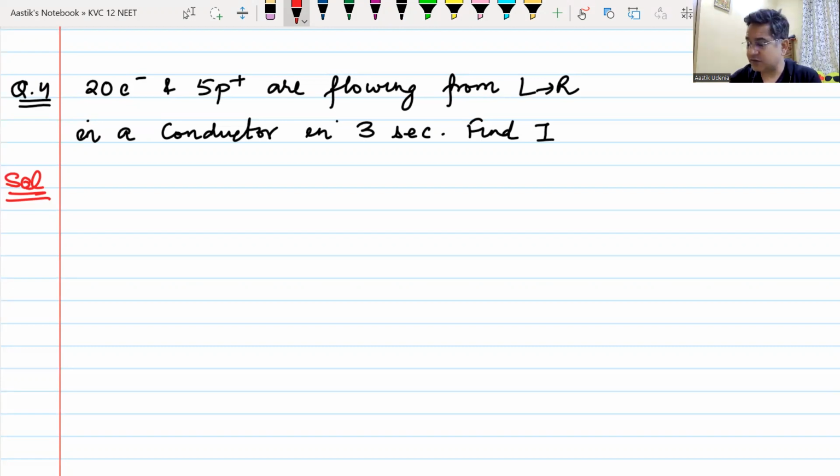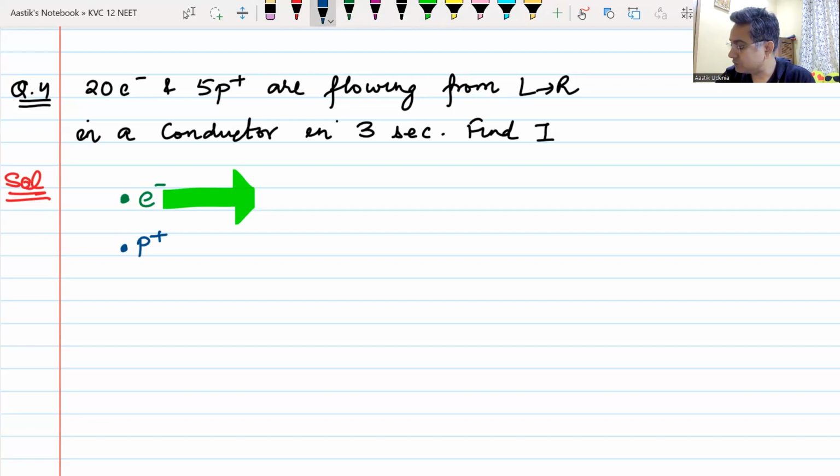How are you going to solve this? Electrons flow from left to right. Proton also from left to right.